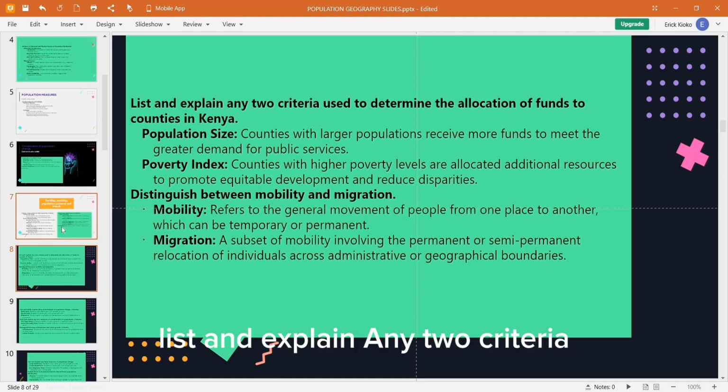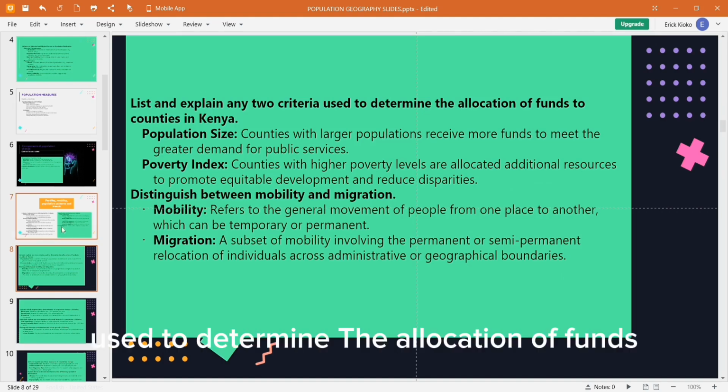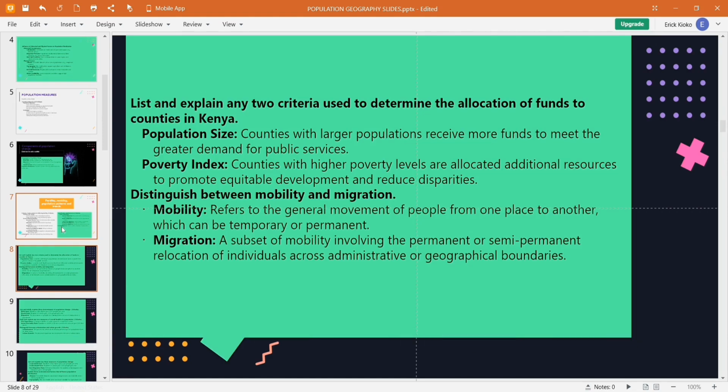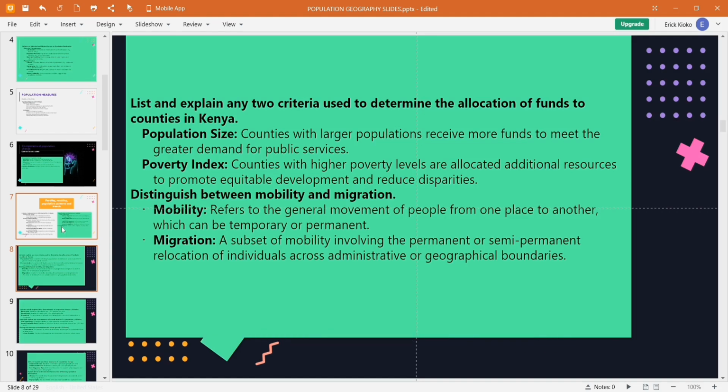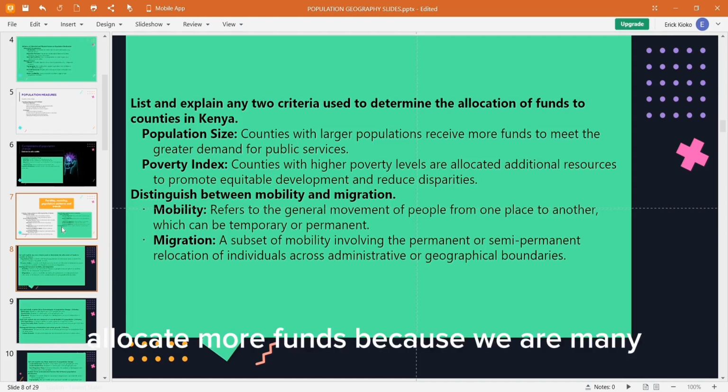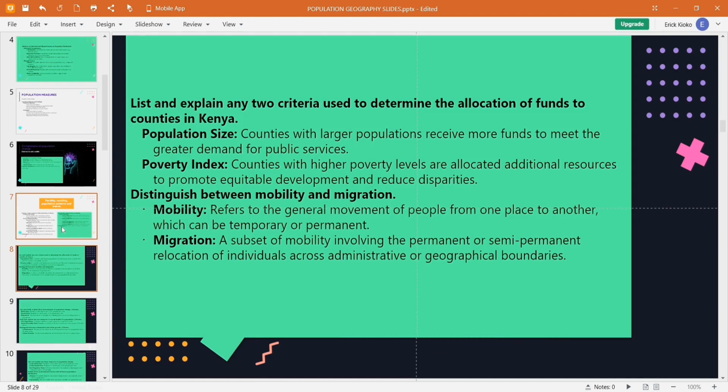List and explain any two criteria used to determine the allocation of funds to counties in Kenya. We have population size and poverty index. For example, if the population size is large, we expect the county to be allocated more funds because we are many.